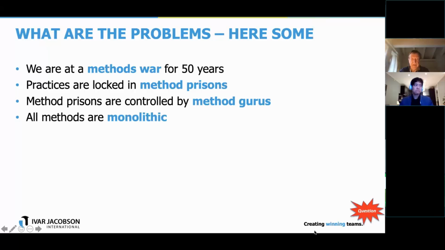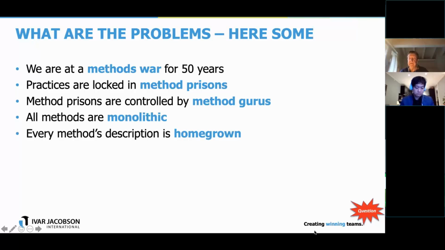Anyway, all methods are monolithic. It means you cannot take pieces from one method and use them in another because they use completely different ways of describing. The only thing they share is that they are homegrown. Every method in history, all methods we have ever had, have been written according to a guru's preferred style of writing.